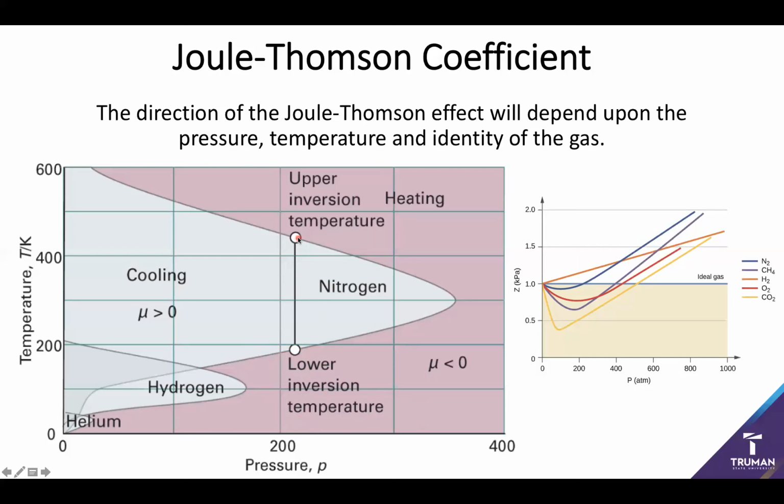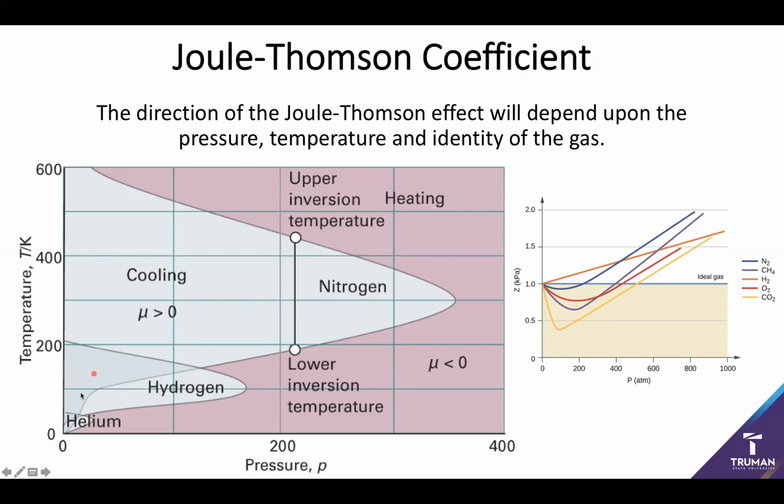But we're also going to have an upper inversion temperature, at which point the system is moving at such speeds that it is also going to be repulsive. And then in between these 2 inversion temperatures, this is where we're going to see this positive Joule-Thomson coefficient, where the IMFs are being relatively attractive.